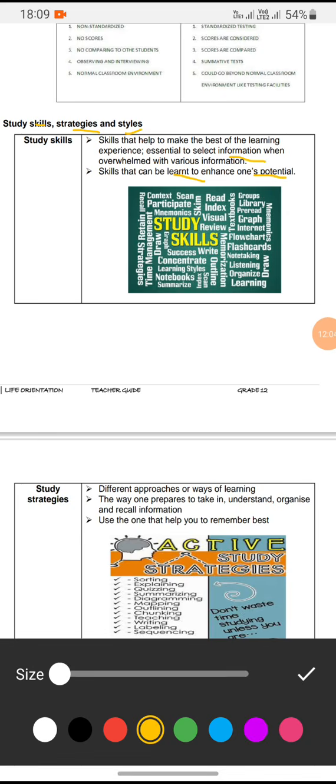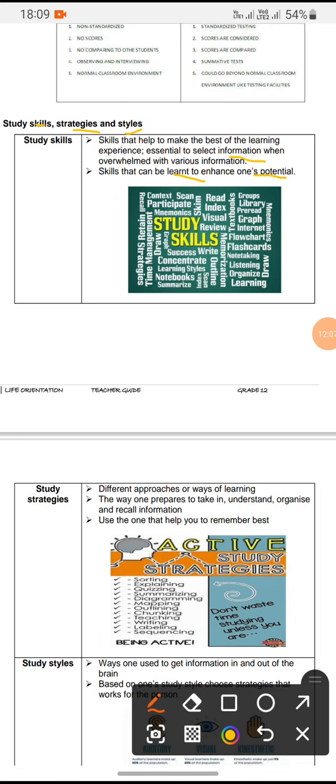To acquire knowledge. I can learn to concentrate during the class. That's the skill that I use. So this is your study skills. You do not need to cram them, you just have to know them. So let's go to study strategy.